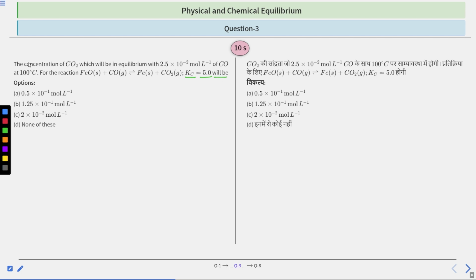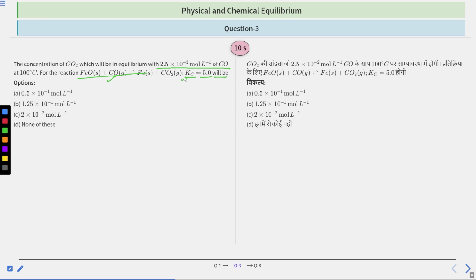So we have the concentration of CO at equilibrium, and we have to find the CO2 concentration at equilibrium.